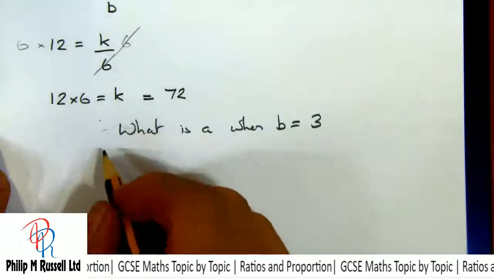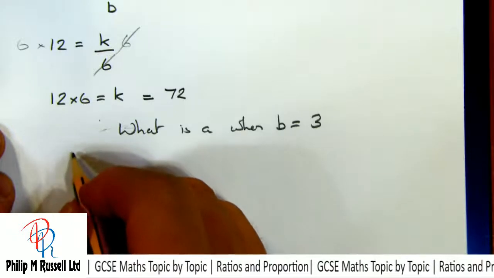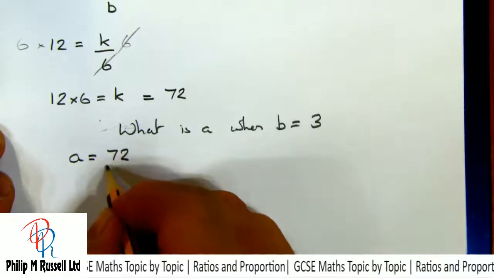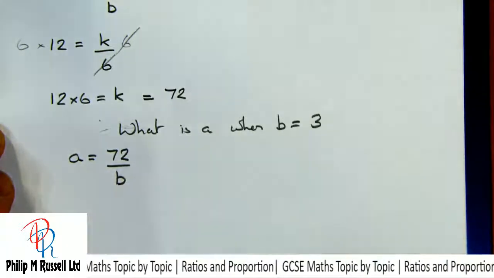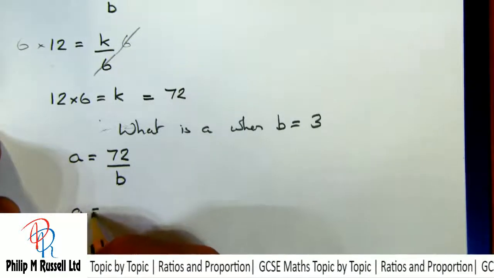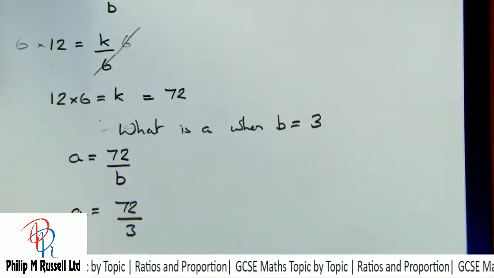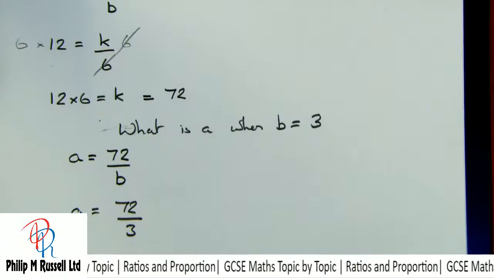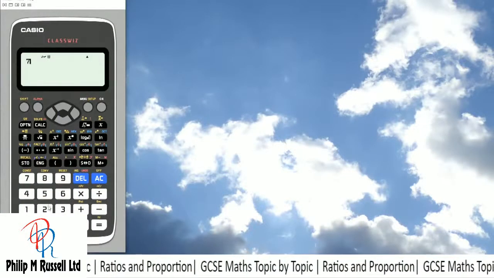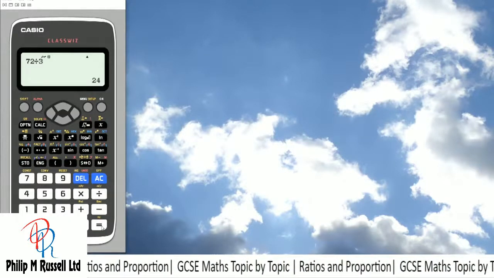To work out this, we've got my equation, A equals 72 divided by B. So A equals 72 divided by 3, and for those of you who aren't very good at calculating that, 72 divided by 3 gives me 24.